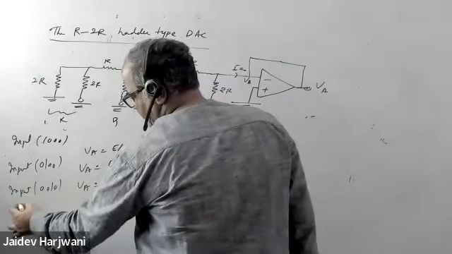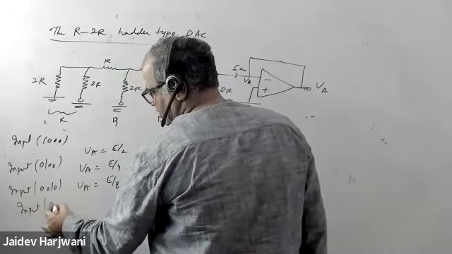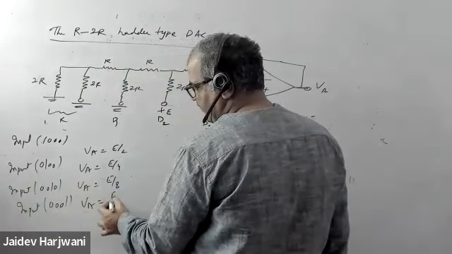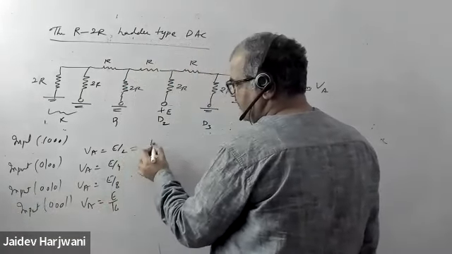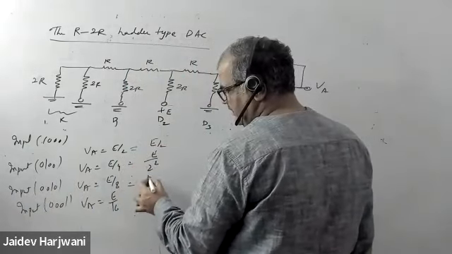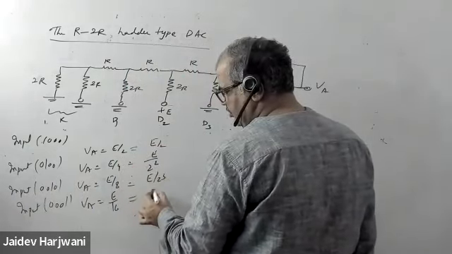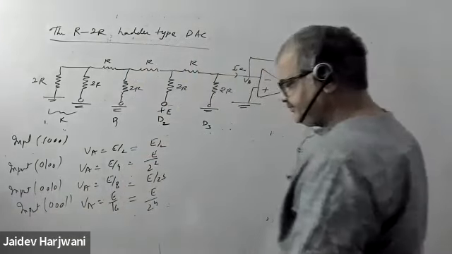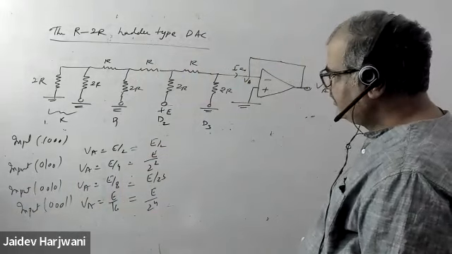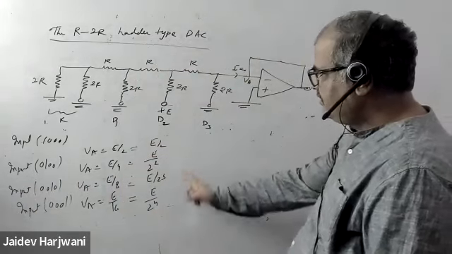If the input is 0001, corresponding to LSB, then my V output will be E upon 16. So this is E by 2 power 1, E by 2 power 2, E by 2 power 3, E by 2 power 4. This is a 4-bit converter, so you are getting 2 power 4.